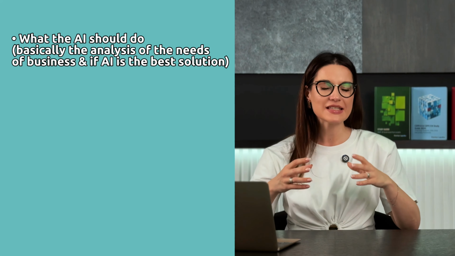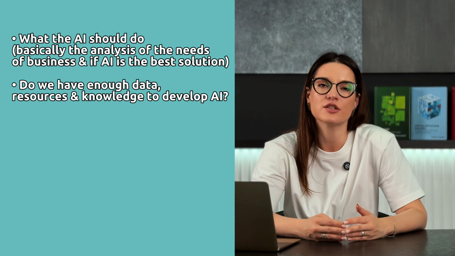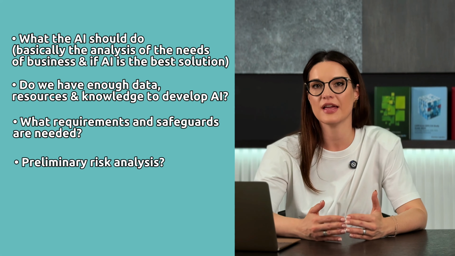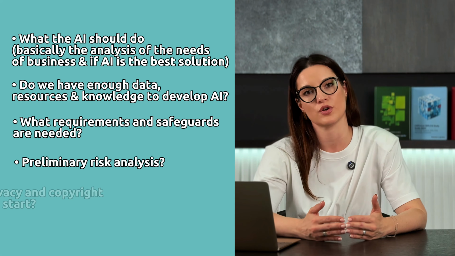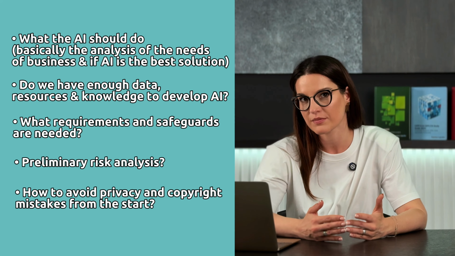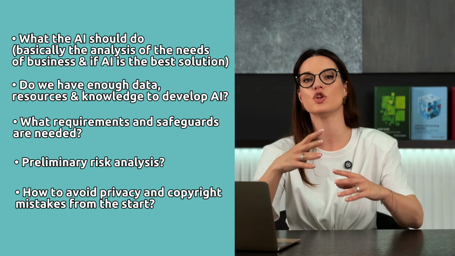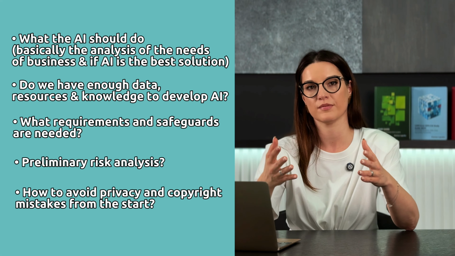Stage 1 is design. It all starts with the design. The team defines what AI should do. Basically, this is the analysis of the needs of your business and assessing if AI is the best solution for your business. Maybe it's not. Do we have enough data, resources, and knowledge to develop AI?